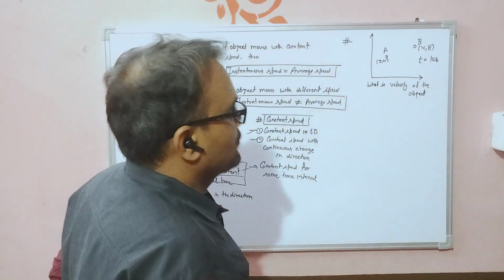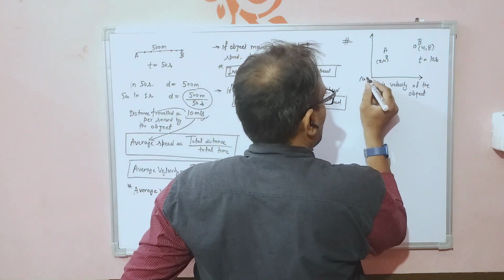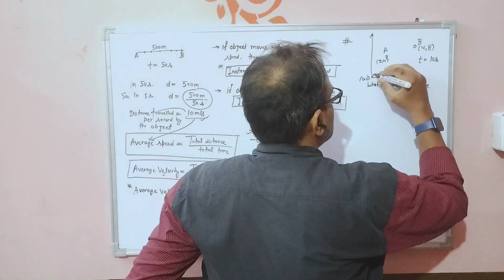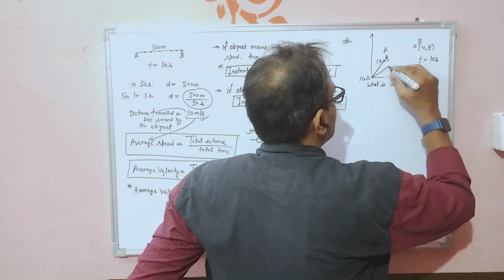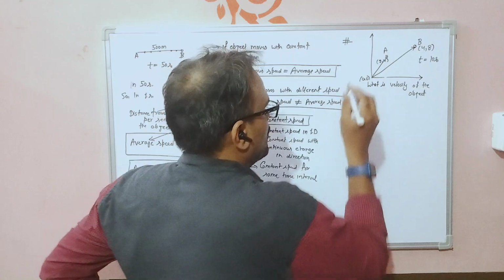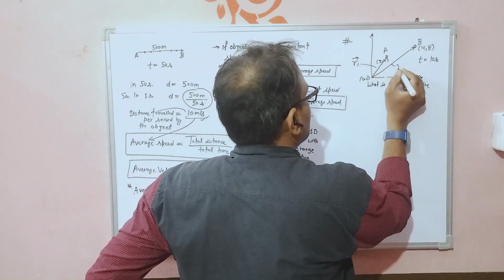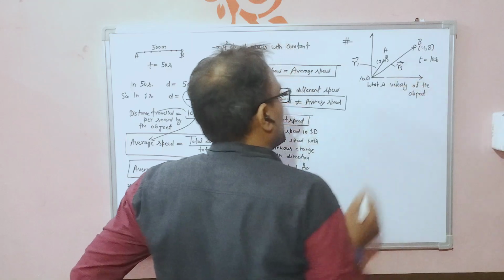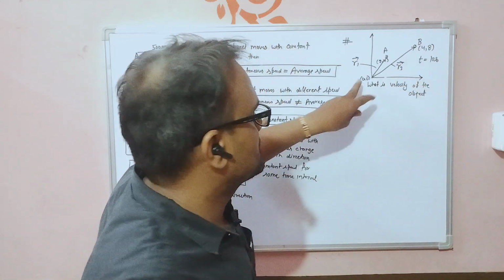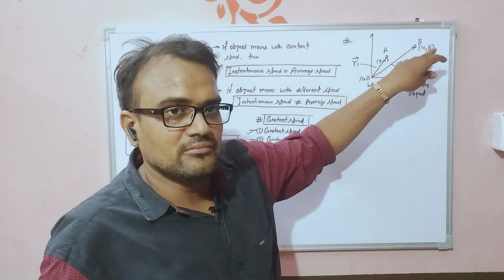For this, I will join the origin to the locations of A and B, and let's call them vector r1 and vector r2. What are these r1 and r2? These are the position vectors of points A and B respectively.